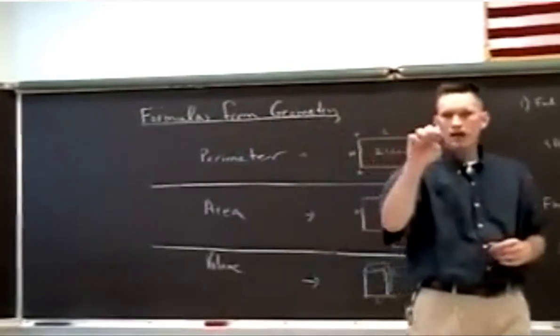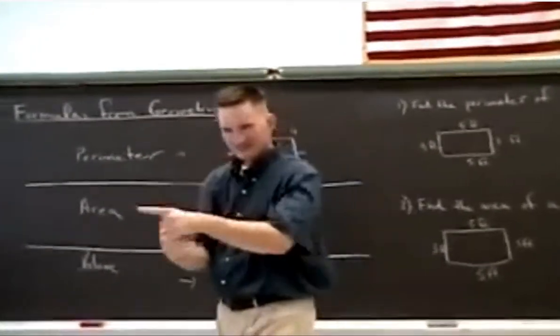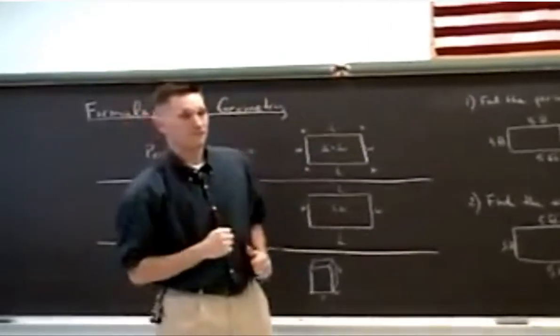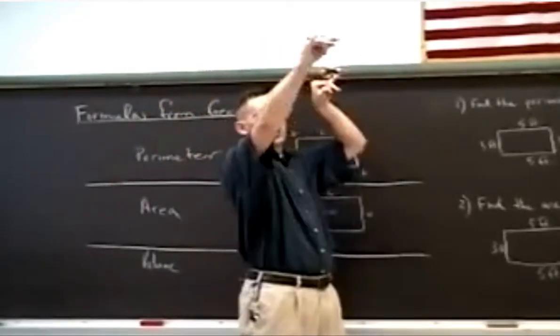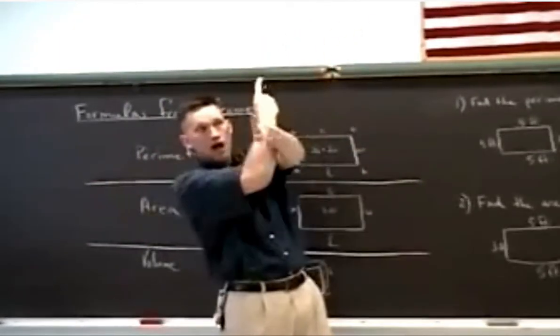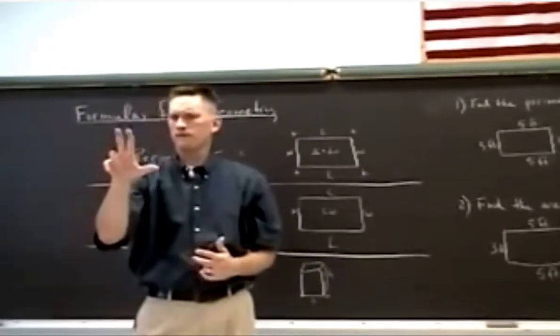Tiles. Right. We would times that to get the area to see how many tiles we would need. Yes, that's correct. Measuring a roof, we would times the length and the width to get area.